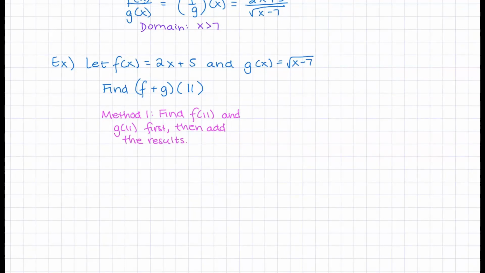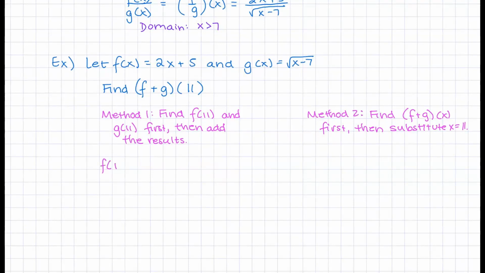Or another way you could do it, so method 2, is actually find the function f plus g of x first, and then substitute x equals 11. And like I said, it won't matter. You're going to find you're doing the same stuff, just slightly different order. So let's do method 1 first, because that was method 1.